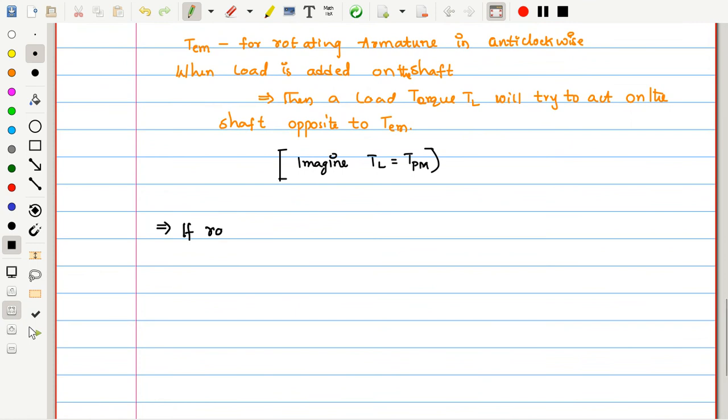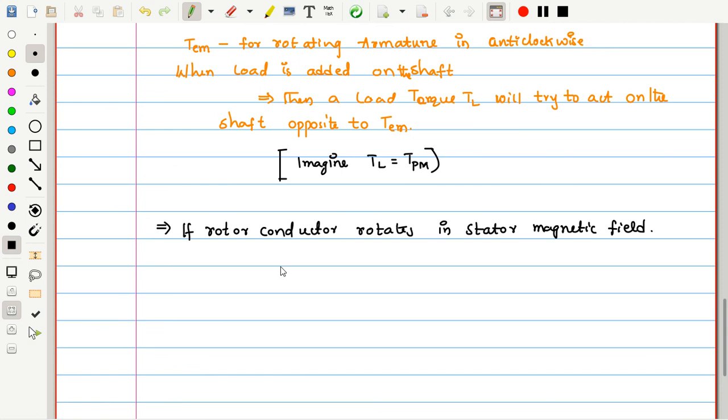Now let me state this in this way. If the rotor conductor rotates in the stator magnetic field, what is going to happen?